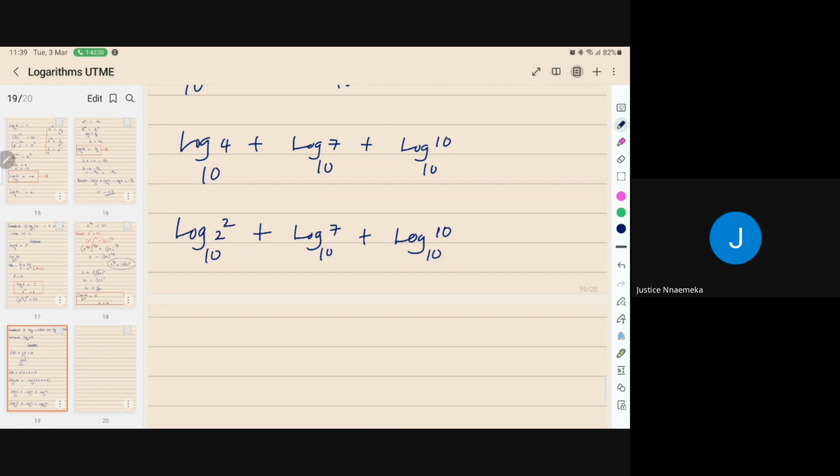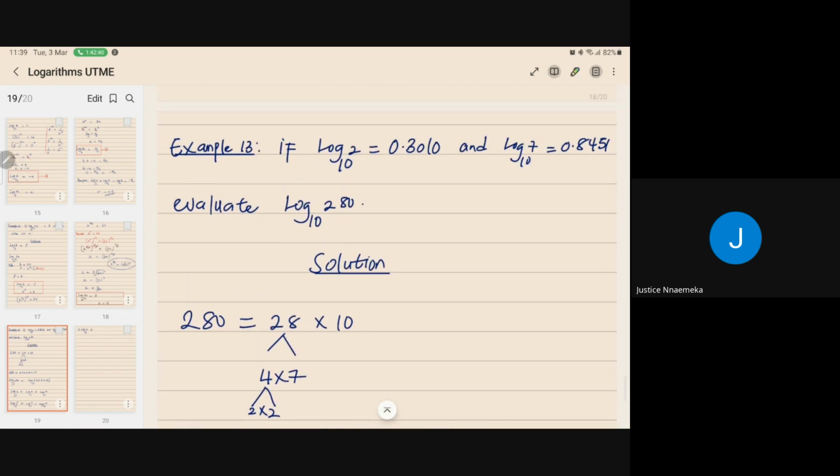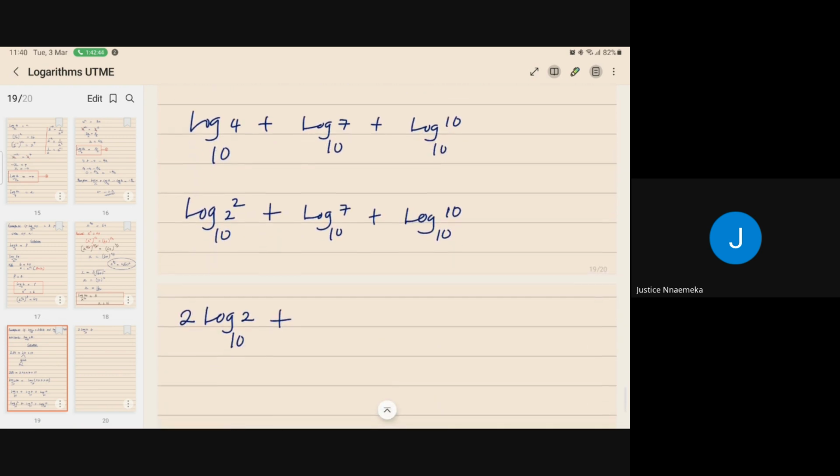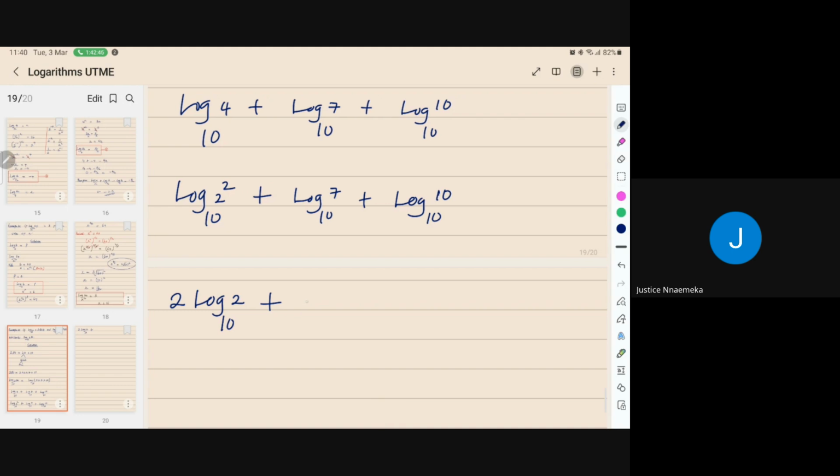So I can move the power to the front: 2 log 10 of 2 plus log 10 of 7 plus log 10 of 10.